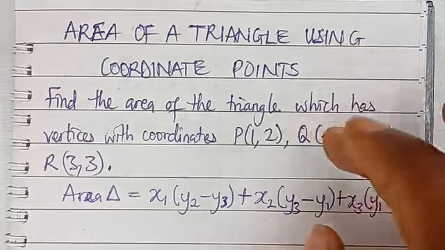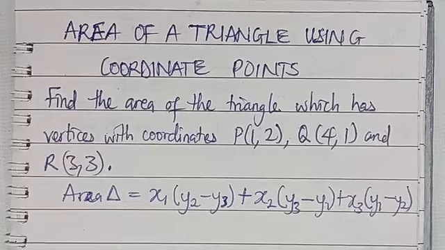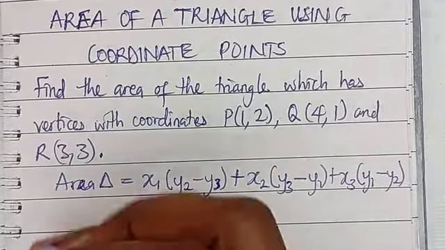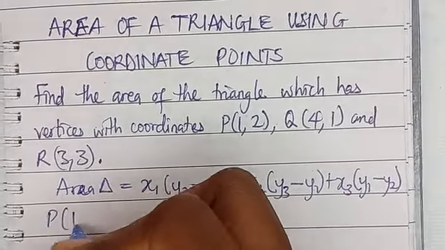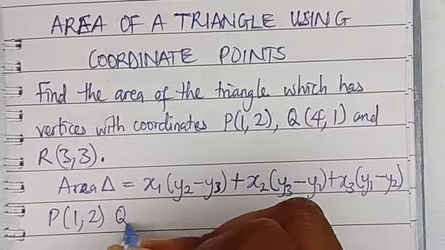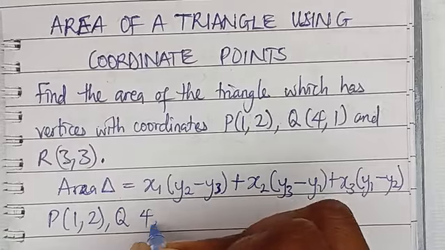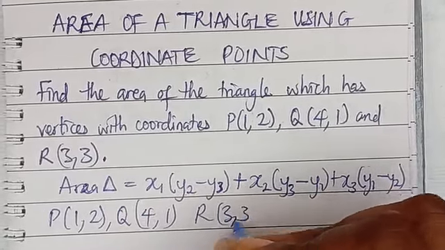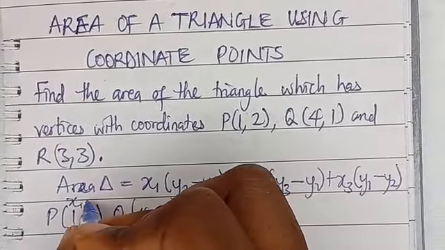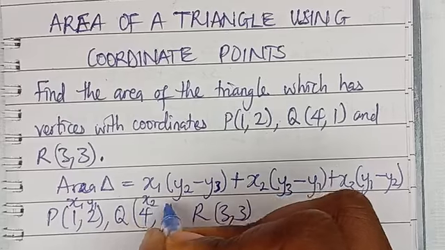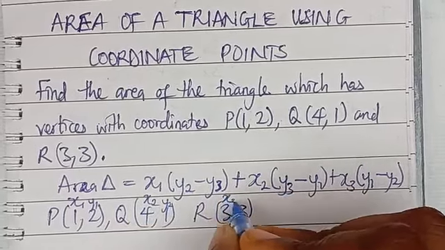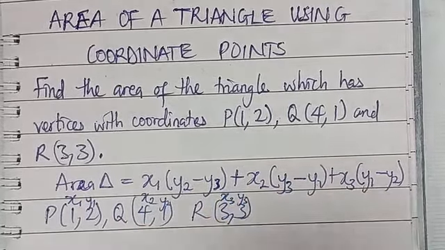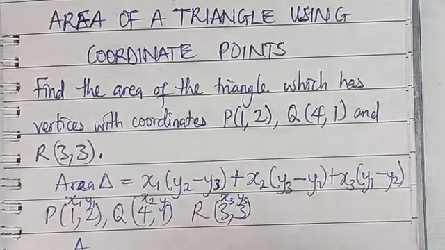Now let's write out the coordinate points of what we've been given. We have that P is 1, 2 and Q is 4, 1 and then R is 3, 3. So this is our x1, y1, x2, y2, x3, y3. Now let's substitute.